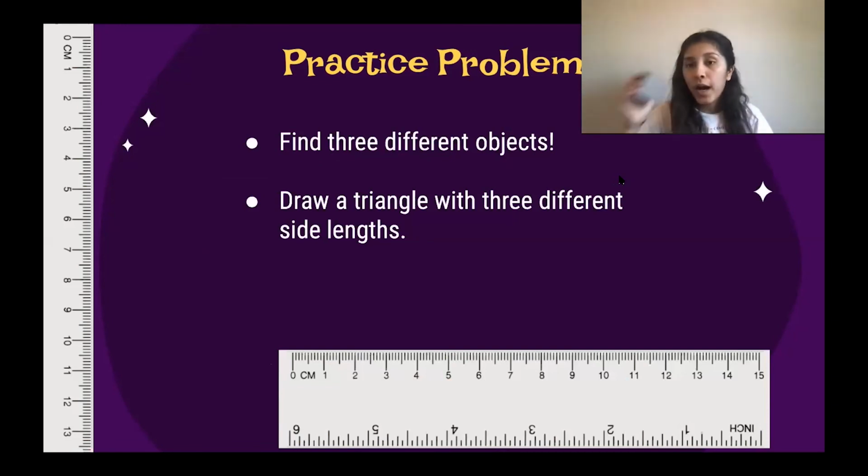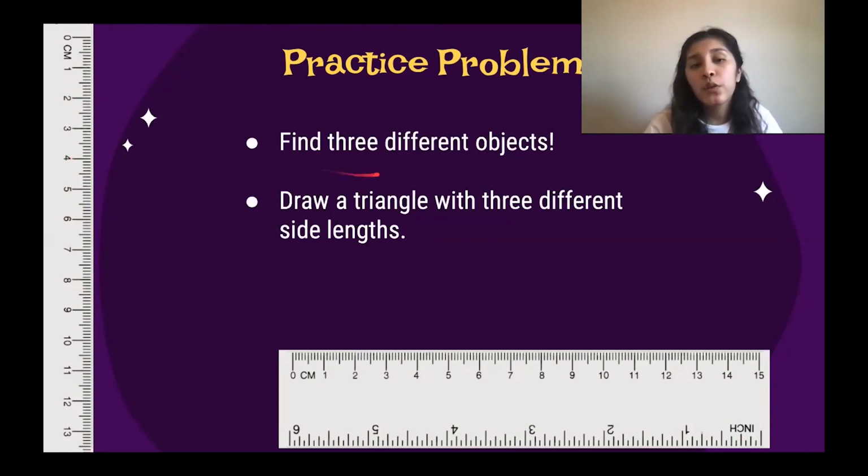It can be a box or whatever you have around you, or the mouse or your laptop. So find 3 different objects and then measure them. Measure them with the ruler we have right here on the screen, or if you have your actual own ruler, you can go ahead and measure it, okay?